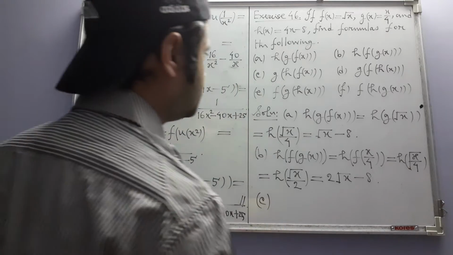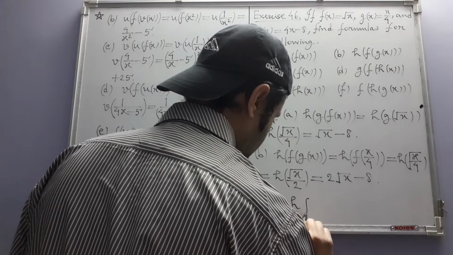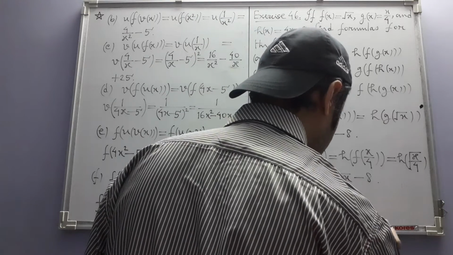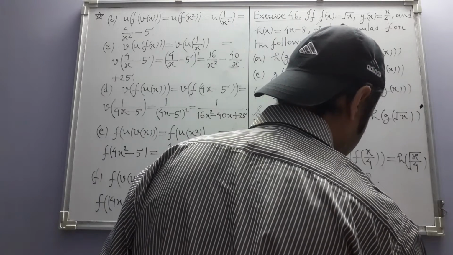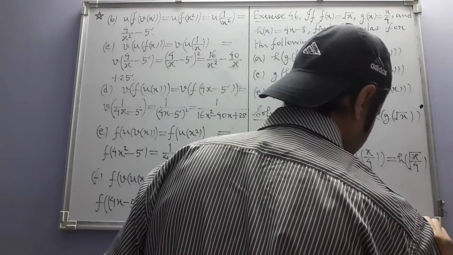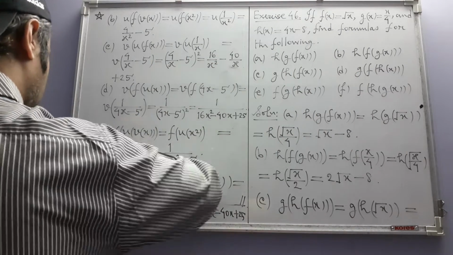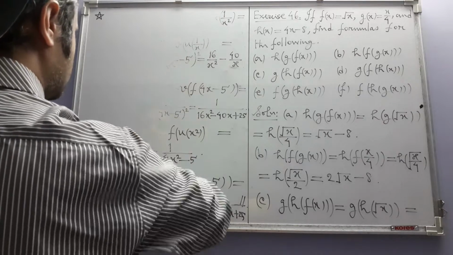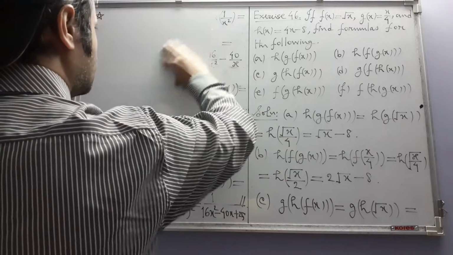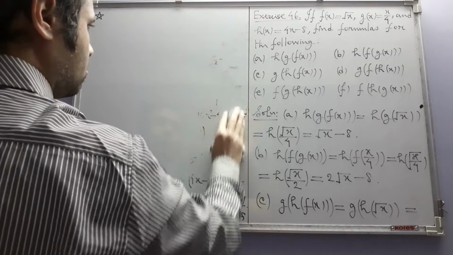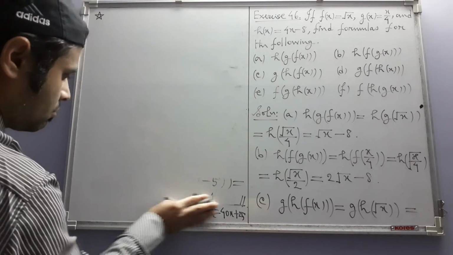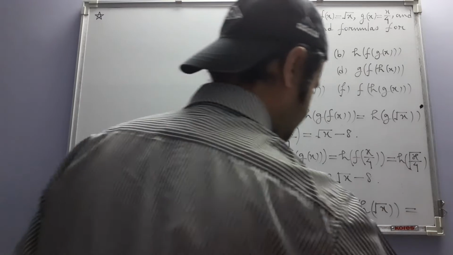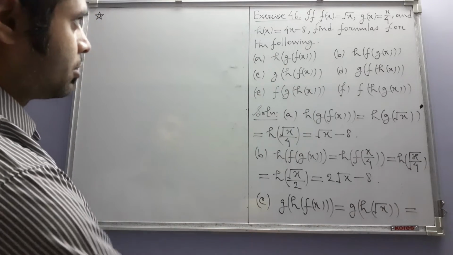Then C, GHF. G of h of square root of x.